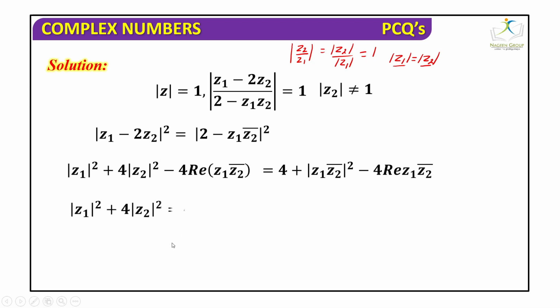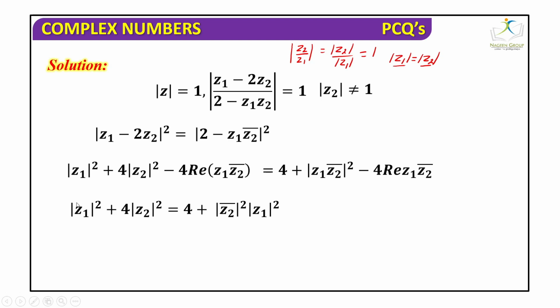Now from here we have |z1| squared plus 4|z2| squared, equal to 4 plus |z2| squared |z1| squared. How? Because we can separate them by the modulus property, and then we can cancel out 4 real value of z1 z2 conjugate on both sides, right?